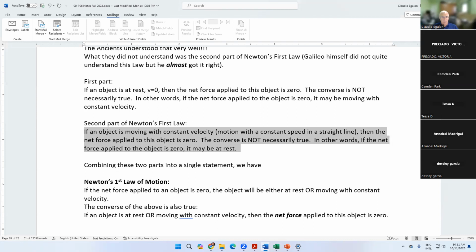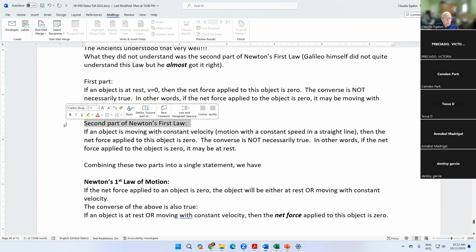They thought that for the object to remain in motion, a net force different from zero was necessary for the object to continue in motion. That was due to the fact that they didn't quite understand the force of friction either.